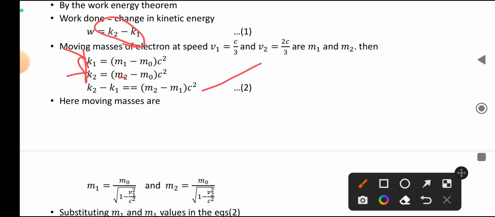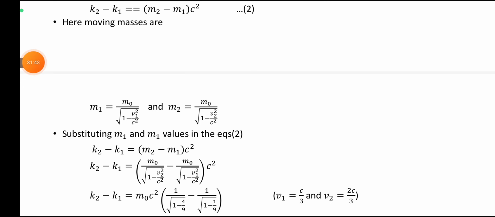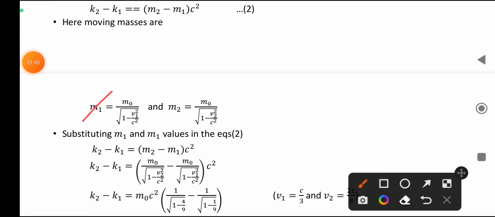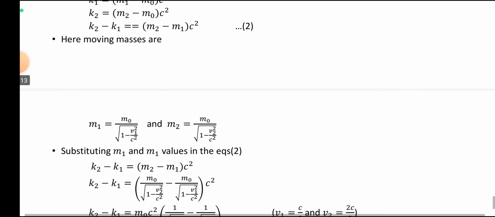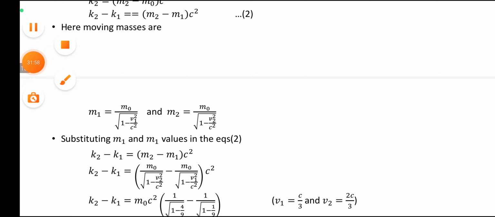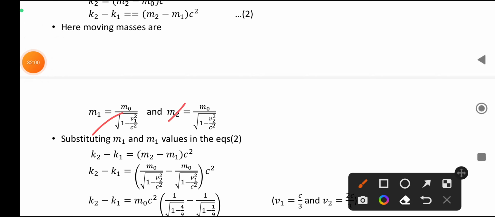When the body is moving, its mass changes. The change in mass can be obtained by the equation m1 is equal to m naught by the square root of 1 minus v square by c square, with v1 square by c square for 1 and v2 square by c square for 2. Substitute these values m1 and m2 in equation 2.